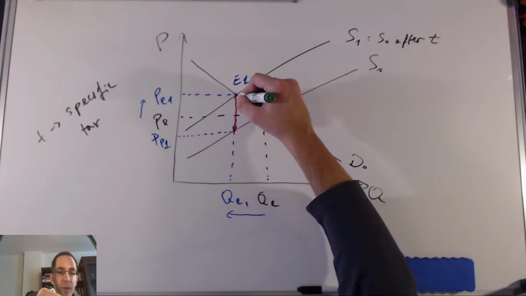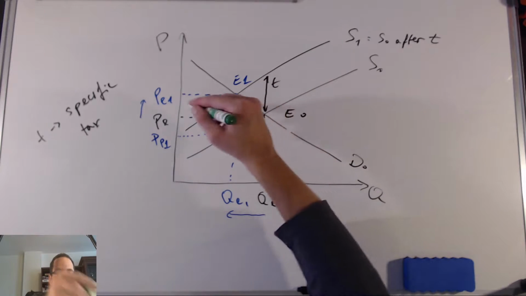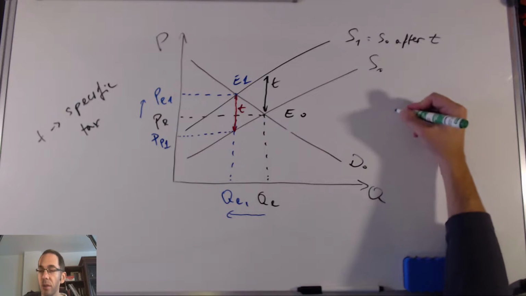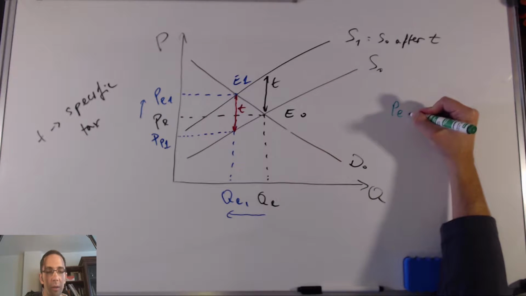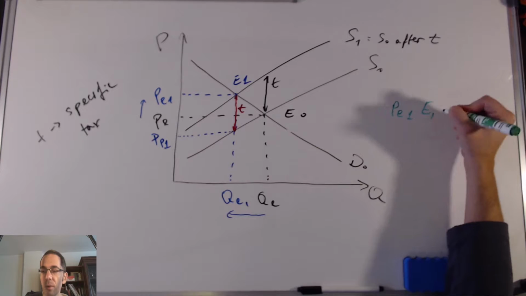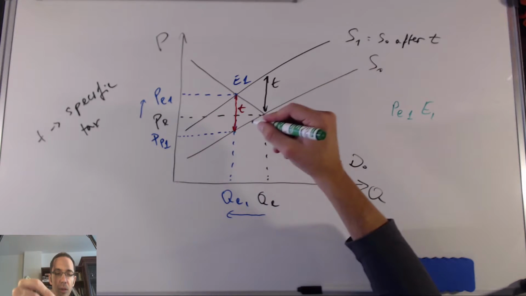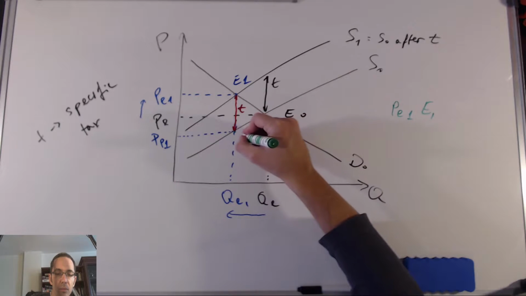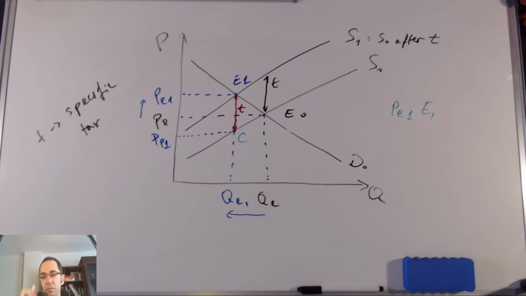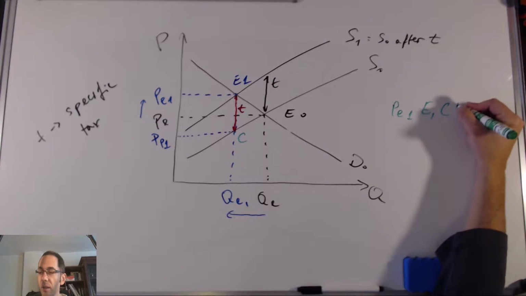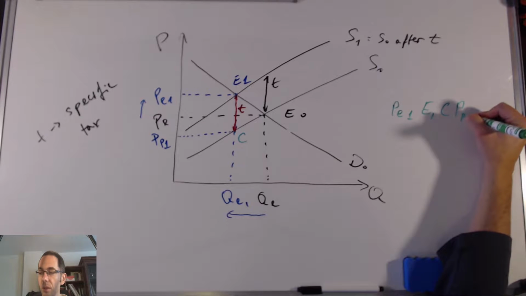So if this rectangle is the total tax revenue, PE1, E1, let me call this point C, PE1, E1, C, and PP1.